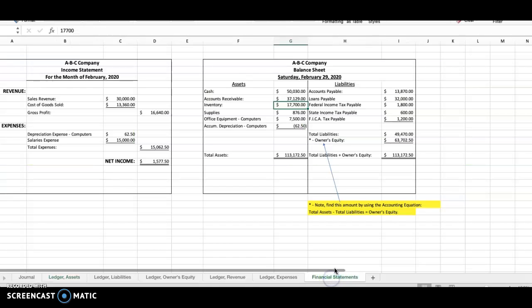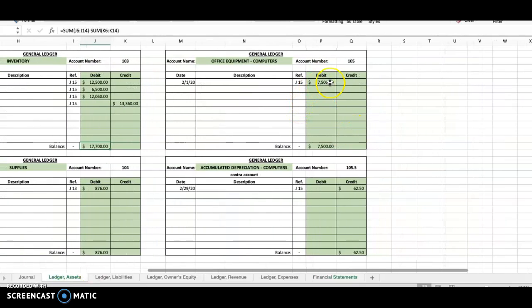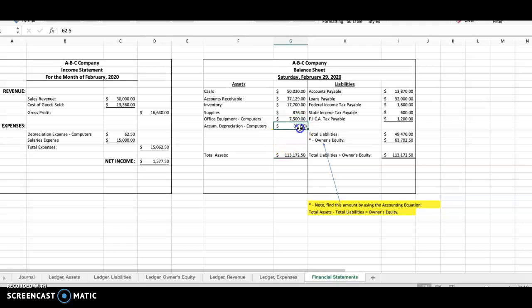Always show the ending balance, and that's what's on the balance sheet. Supplies is there. The computers, once again, in the asset section, we still show the initial purchase of the computers of $7,500, and then we'll subtract the contra account, and we'll show that on the balance sheet. That $62.50 in parentheses indicates a negative number.